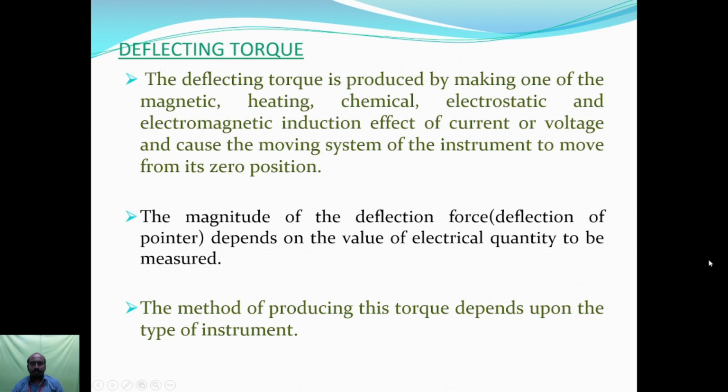The deflecting torque is produced by making use of one of the magnetic, heating, chemical, electrostatic and electromagnetic induction effects of current or voltage, which causes the moving system of the instrument to move from its zero position. The magnitude of the deflecting torque depends on the value of the electrical quantity which is to be measured.